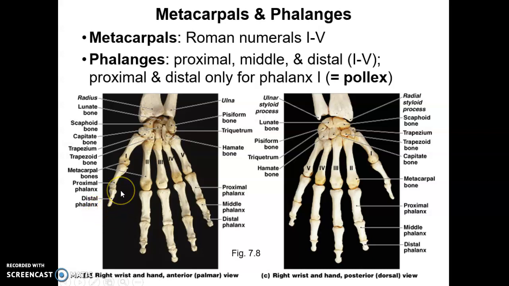So just look at your hand, you'll see that in the thumb there's only 1 joint right there, and in your other digits or phalanges you have 2 joints, there and there, there and there. And then the thumb is so important, we give it its own special name, the pollex, or just phalanx 1. And if you call it phalange 1, that's okay.